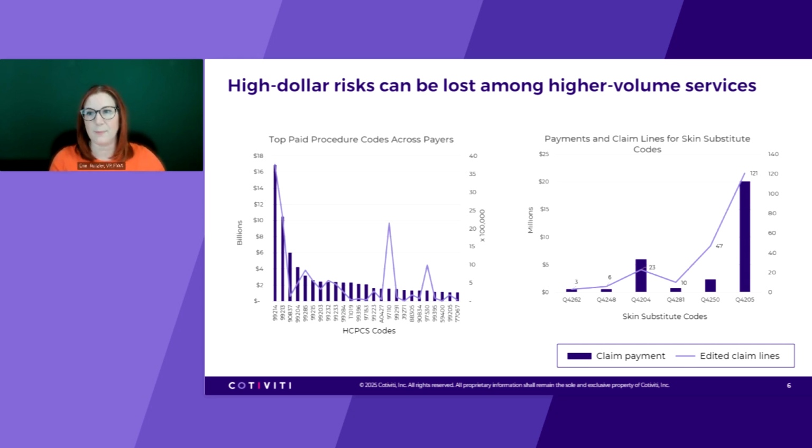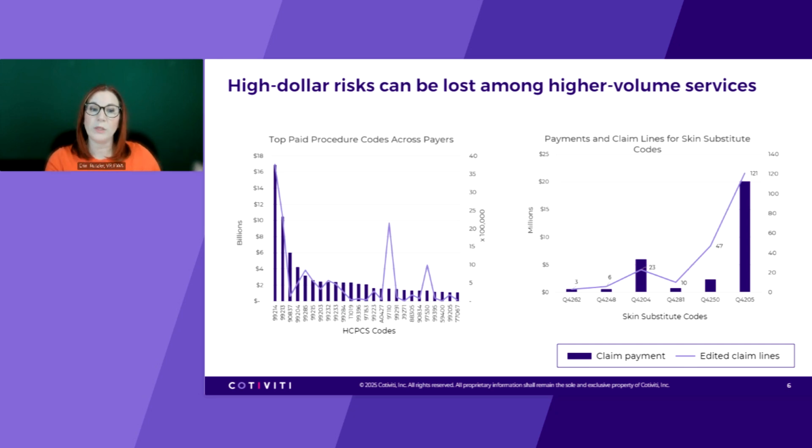This is typically one of the top paid codes across payers, given the specialty span across those services. And it's also a place where we can edit pretty regularly and in a high volume. So it really makes sense that you'd see that line to bar merge there.